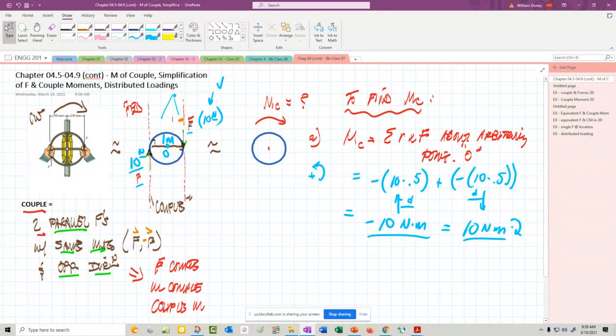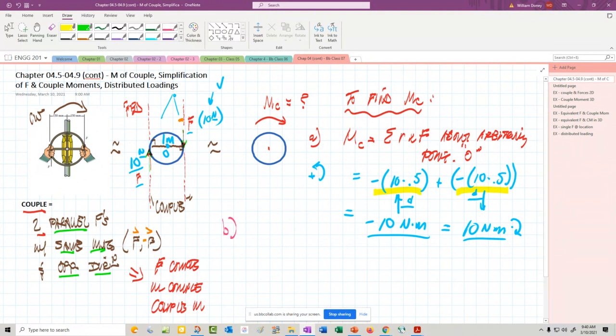So really, when we have two forces here, even though they're a pair, a couple, we're solving it with two steps. We have to find the moment of the one and add it to the moment of the other. And that can get a little tedious if we have a lot of force couples or couple moments.